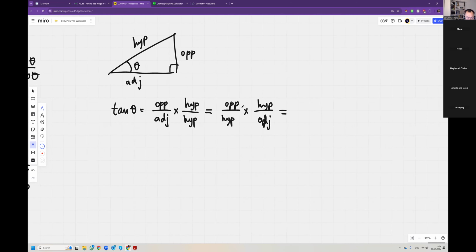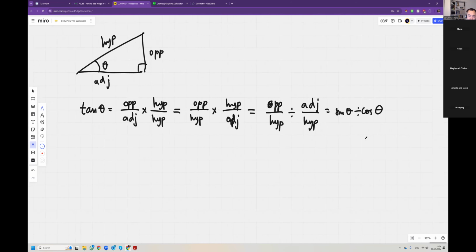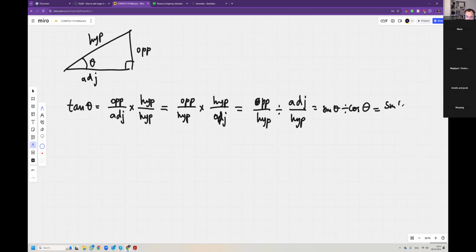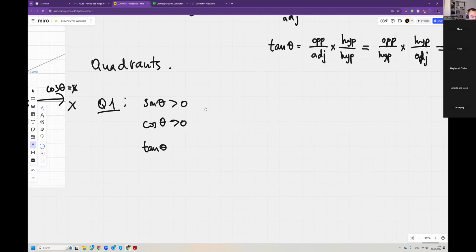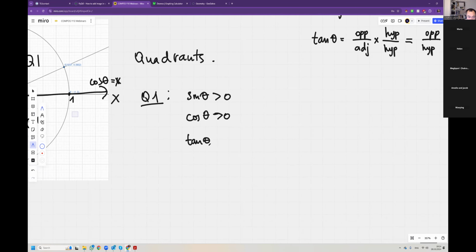And now replacing the multiplication sign with the division sign, opposite over hypotenuse divided by adjacent over hypotenuse, which makes it sine theta divided by cos theta. So tan theta is sine theta over cos theta. So I hope you're convinced. And because sine is positive, cos is positive, tangent, which is sine over cos, is also positive.